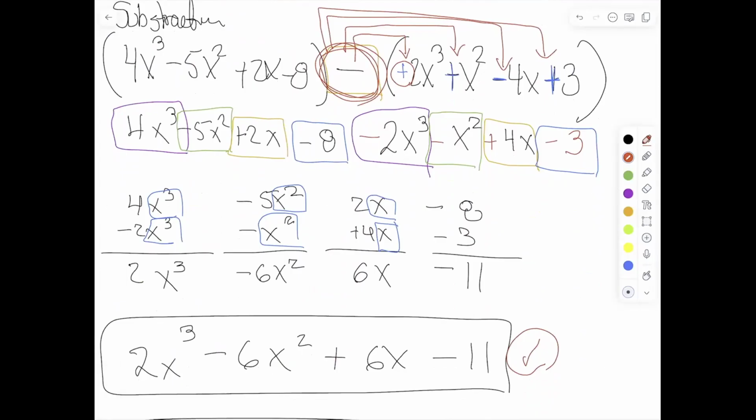You got -2x to the third, minus x squared, plus positive 4x, minus 3. The whole thing changed. So now I got to group them and solve, and I got my answer. So be very, very careful. You are going to see this mañana, and you'll see both an addition and a subtraction. Very importante. All right, let's keep going.